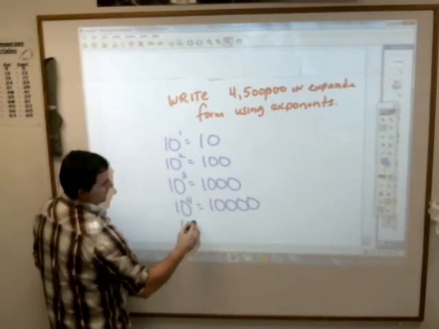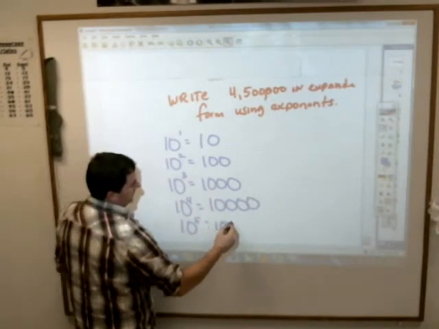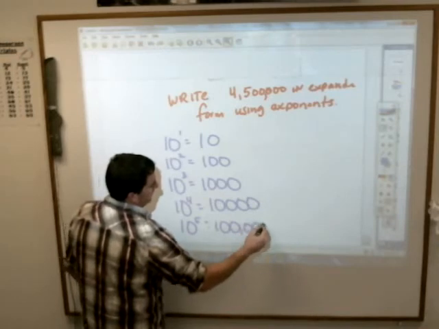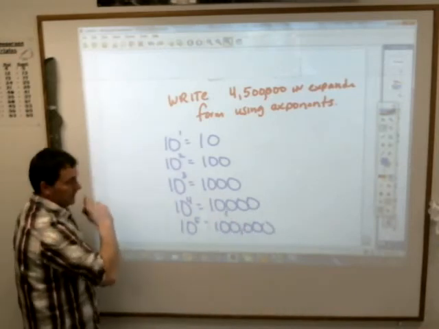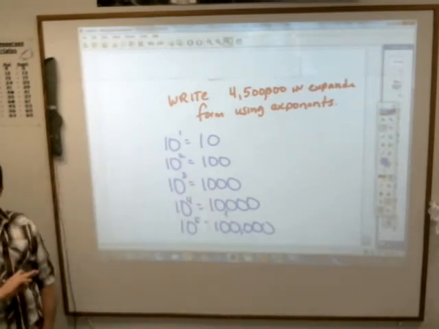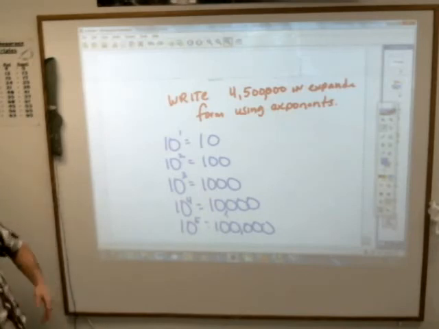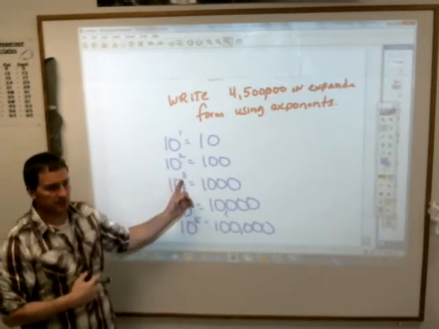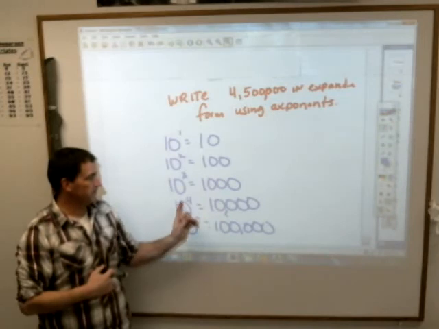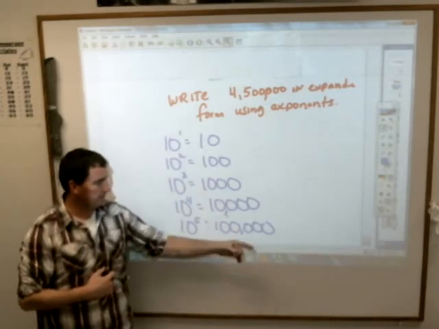And 10 to the fifth power would be 100,000. Can anybody see a little pattern there? Whatever the exponent is, that's how many zeros there are. 10 to the fourth has 4 zeros, 10 to the fifth has 5.